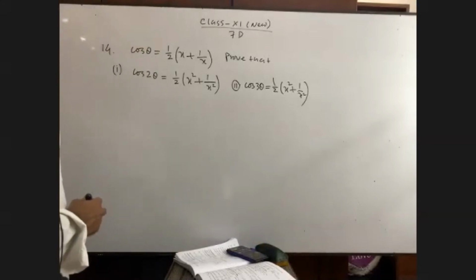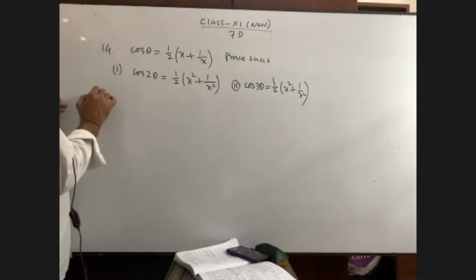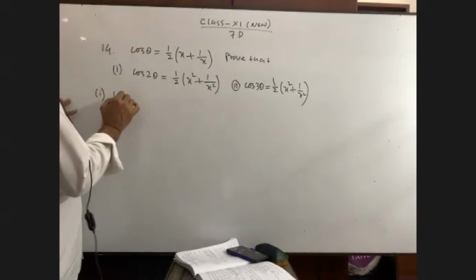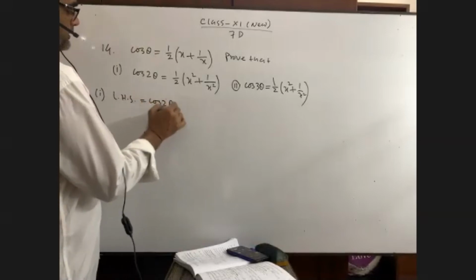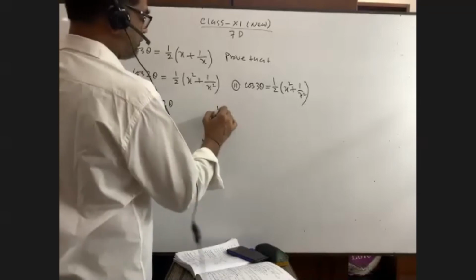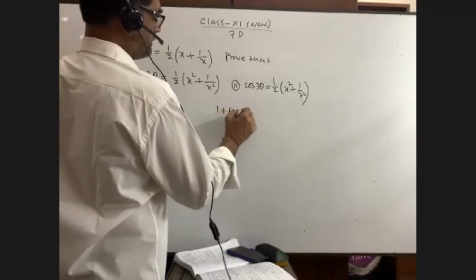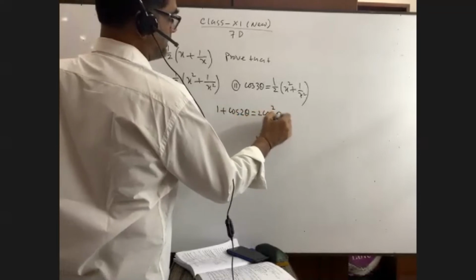Okay, you see. Now this is the easiest math. Can you do this math? Question number 1, left hand side, cos 2 theta. What is the formula? 1 plus cos 2 theta equals to 2 cos square theta.